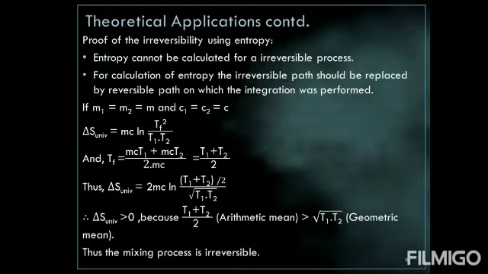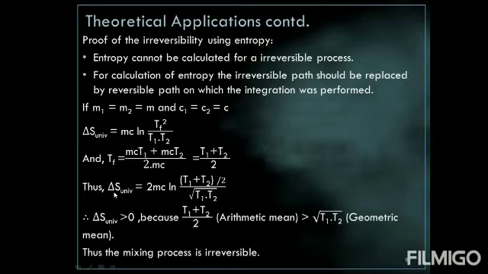Now if we observe closely, T1 and T2 are two different temperatures, because this is what we assumed. So (T1 + T2)/2 is the arithmetic mean of T1 and T2, and the square root of T1 times T2 is the geometric mean of T1 and T2. Since the arithmetic mean is greater than the geometric mean, (T1 + T2)/2 is greater than the square root of T1 T2.